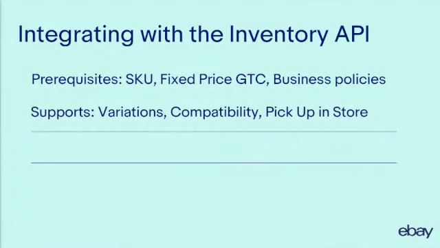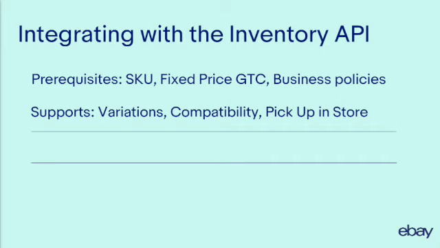In addition to the basic listing capabilities, the API supports all the common features that a retail seller needs. We talked about gap of auctions, but for retail selling use cases, you have all the capabilities. It supports multi-variation listings. It also supports compatibility.